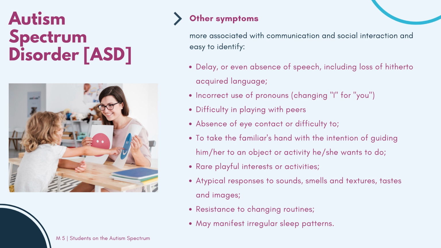Absence of eye contact or difficulty taking the relative's hand with the intention of guiding him or her to an object or activity he or she wants to do. Rare recreational interests or activities. Atypical responses to sounds, smells, textures, tastes and images. Resistance to changing routines. They can manifest dysregulated sleep patterns as well as, as we have seen, behavioral problems.